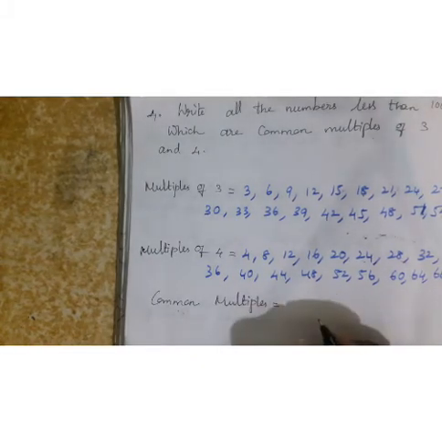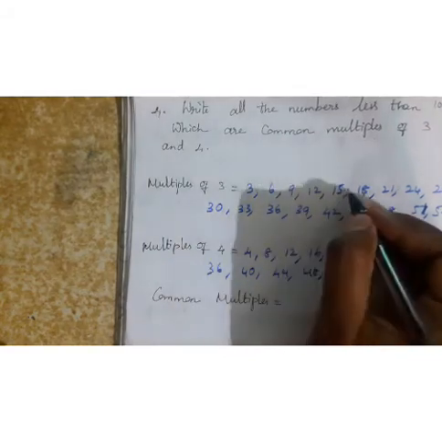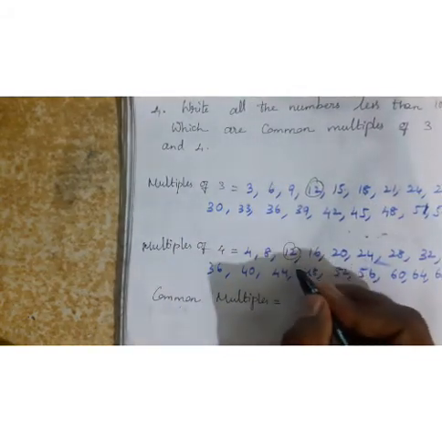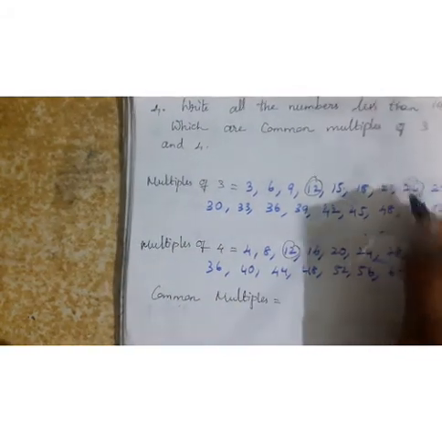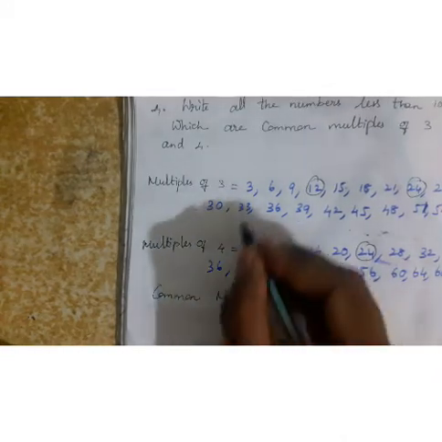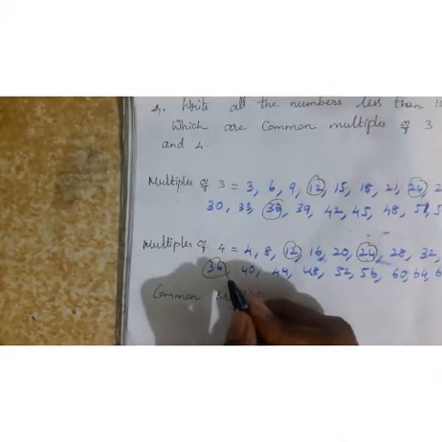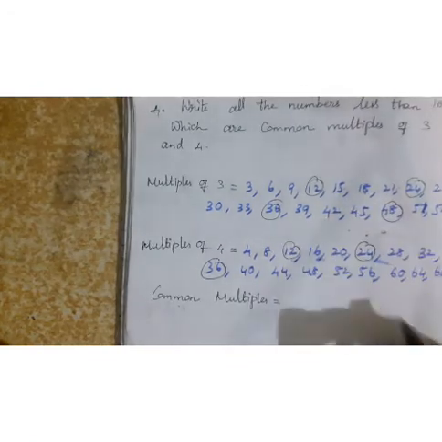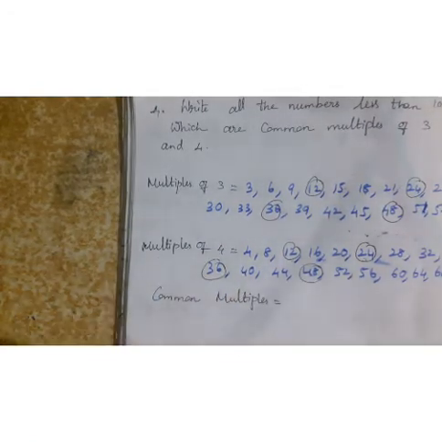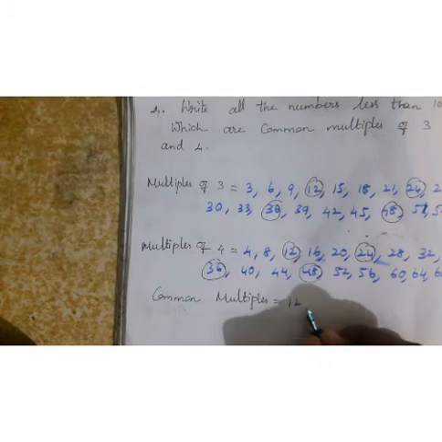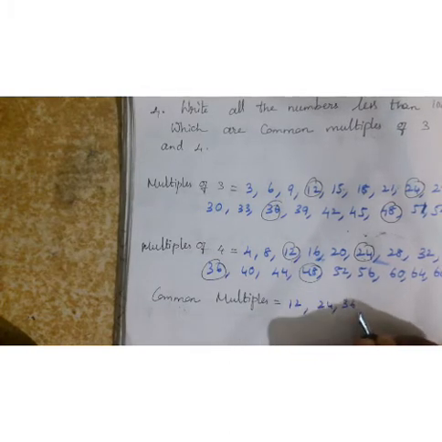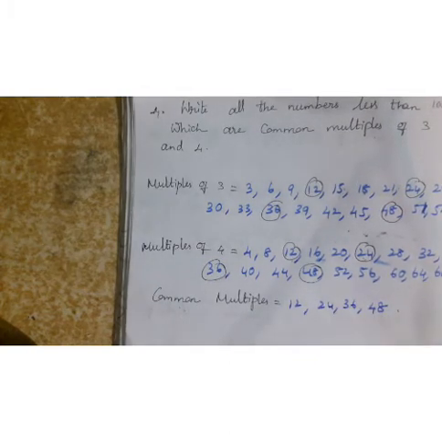Common multiples equal to 12, 24, 36 and 48.